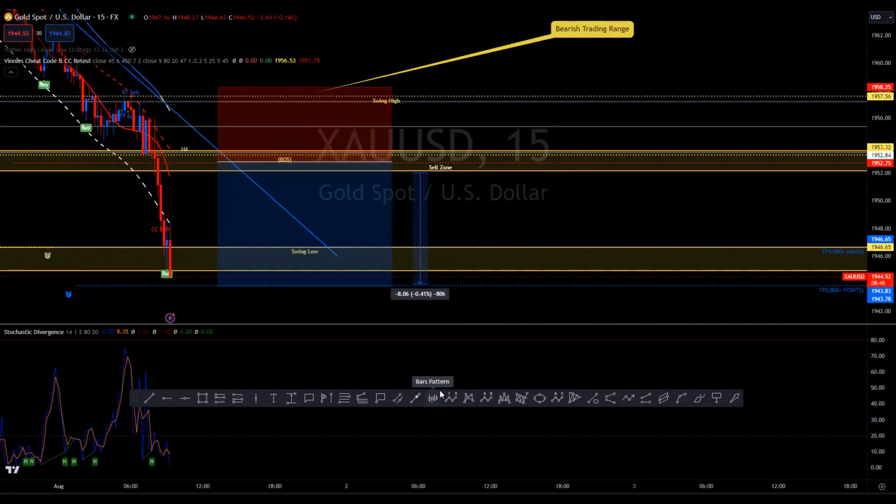There we go. I made $38. I jumped out too quickly. I closed the trade too quickly, but that's okay, I'll take the $38.